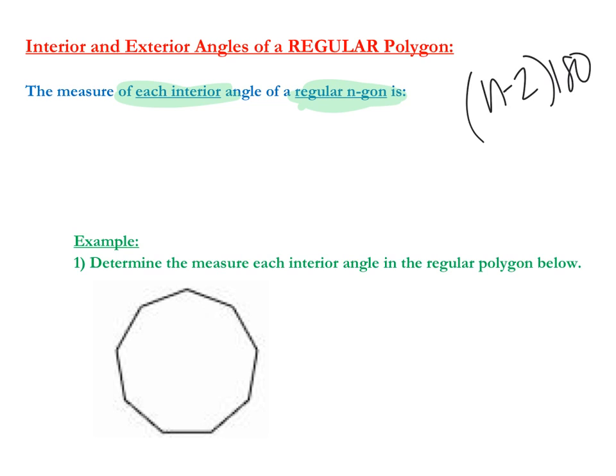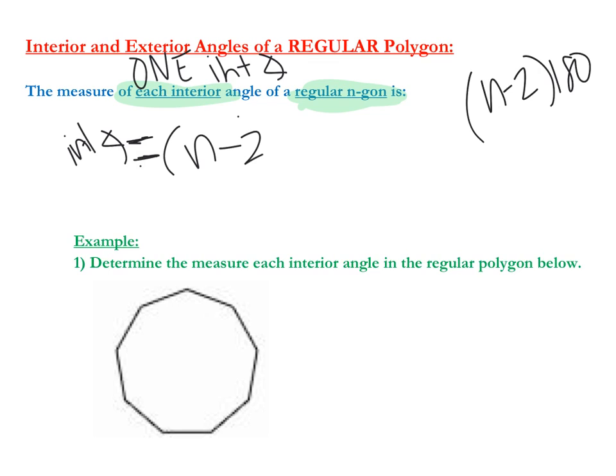But if I wanted to find one interior angle, I have a little formula I can use. The interior angle is equal to n minus 2 times 180, so that's the same, but then we divide it by the number of sides. Think about why that's true.